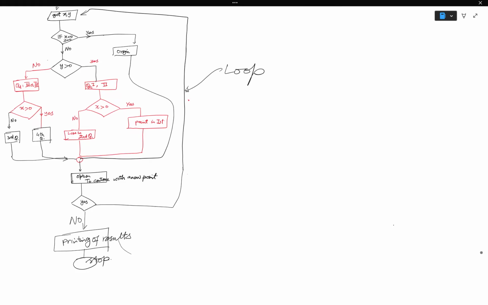The other branch goes to the possibility of exploring the point in the third or fourth quadrant. So let's stop the first part of this demonstration, and in the next demonstration, we will program it.